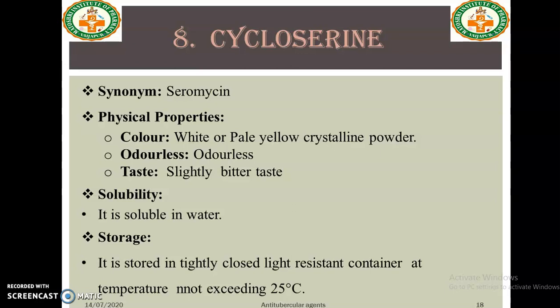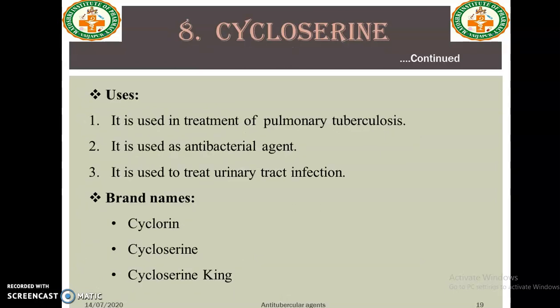It is stored in tightly closed light resistant containers at a temperature not exceeding 25 degrees Celsius. It is used to treat pulmonary tuberculosis. It is also used as an antibacterial agent and to treat urinary tract infection. It is known by the brand names Cyclorine, Cycloserine and Cycloserine King.